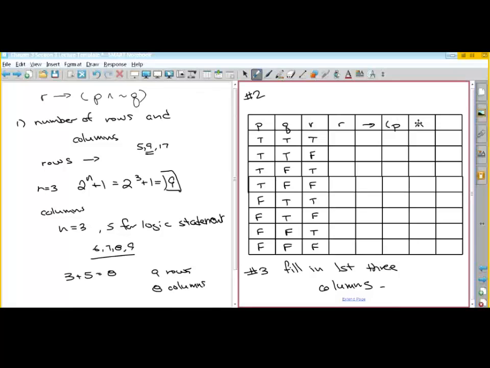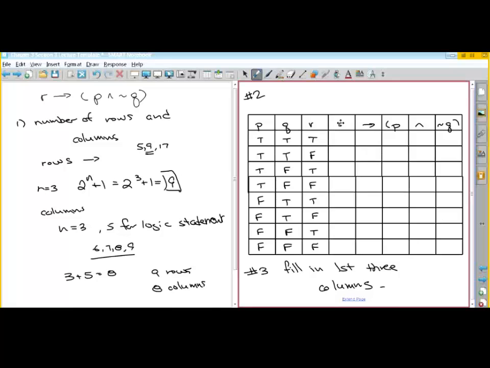Yes. And then the last column we fill out with this squiggly thing, Q. So that's my logic statement. So if we have a letter by itself, it takes up a column. If we have a negation, that's also a column. And then with all the logic statements, those are columns. So that's why we needed 5.